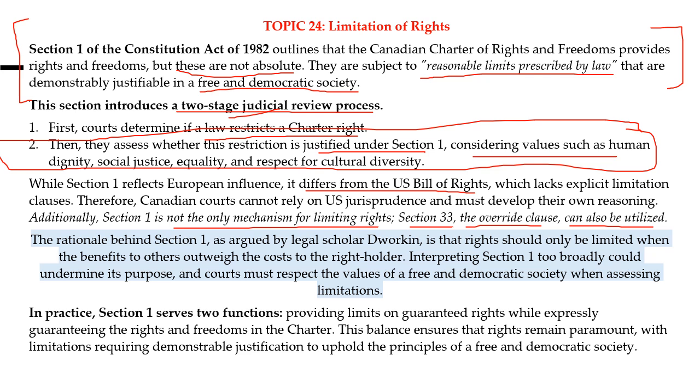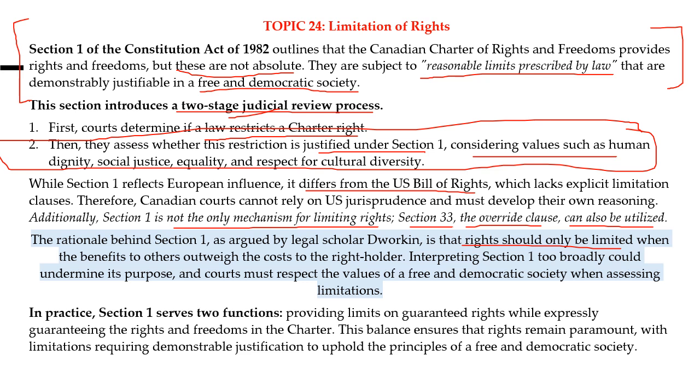As per legal scholar Dworkin, rights should only be limited when benefits to others outweigh the cost to the right holder. So for example, you are one individual, your right is in question, but if government is doing something justifiable, something reasonable, which is for the upliftment, for the benefit of a thousand other people, then the government's action could be saved by section 1.